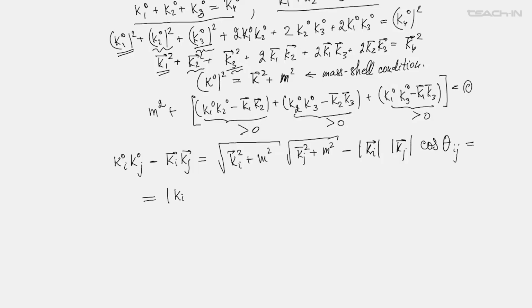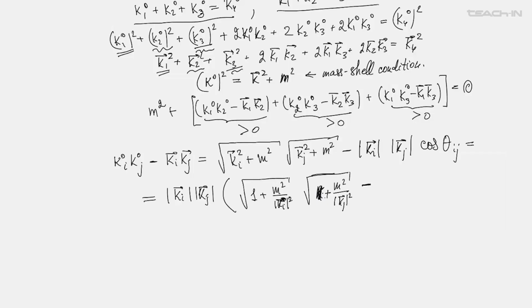I will be left over with the following expression: square root of 1 plus m squared over modulus Ki squared, times square root of 1 plus m squared over modulus Kj squared, minus cosine theta ij.